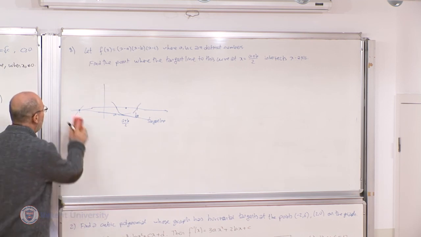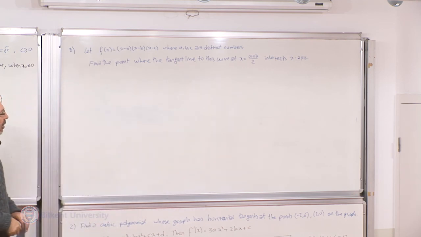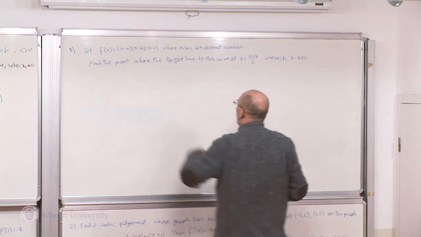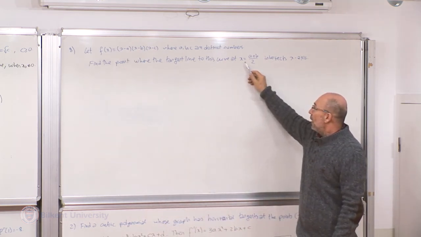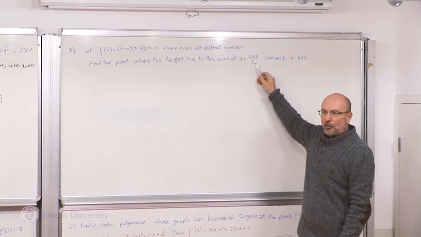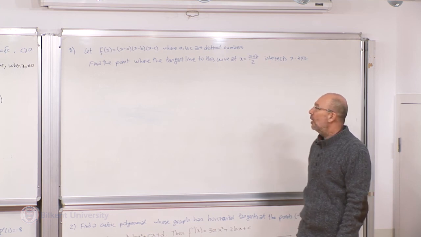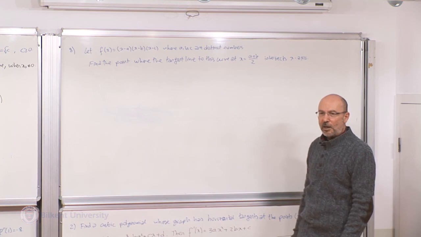Okay, so let me erase this. So far, we don't know anything. Suppose we start from the beginning. The problem is we take the derivative of this function, put x equals (a plus b) over 2, which gives us the slope, write the equation of the tangent line, put y equals 0, and solve for x.